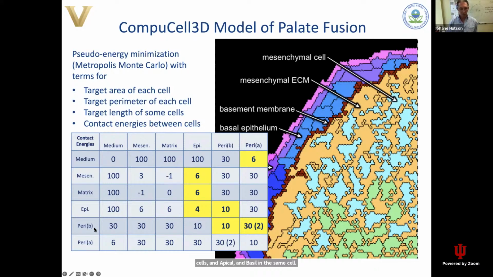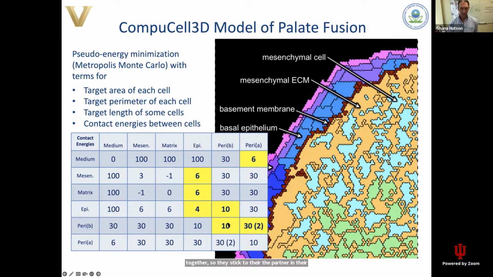So for example, for a periderm basal and a periderm apical compartment in contact with one another, if they're in different cells or different clusters, there's a very high energy, 30, associated with it. But if they're in the same, it's only 2, right? It's very favorable. And so that tends to group these together so they stick to the partner in their cluster.